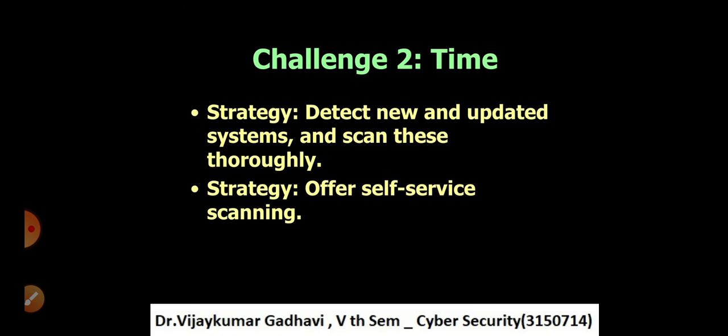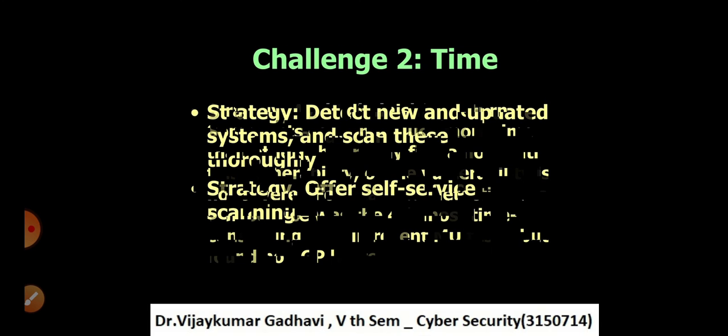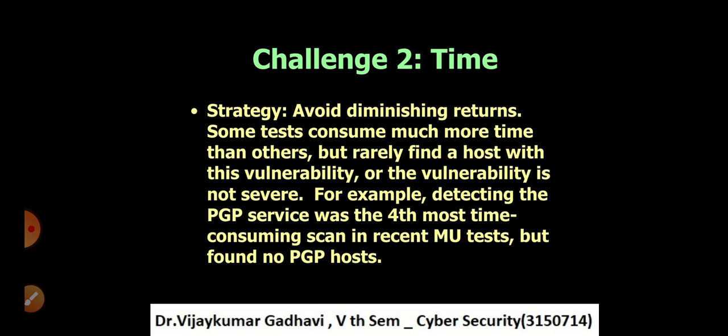Then detect new and updated systems and scan them thoroughly. It offers self-service scanning also. Then the next strategy: avoid diminishing returns. Some tests consume much more time than others but rarely find a host with this vulnerability, or the vulnerability is not severe.